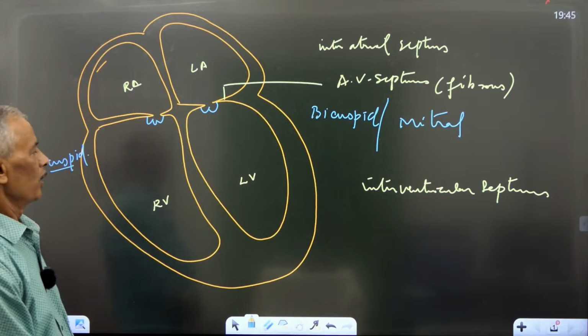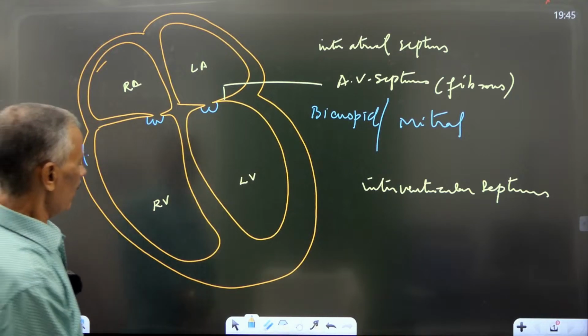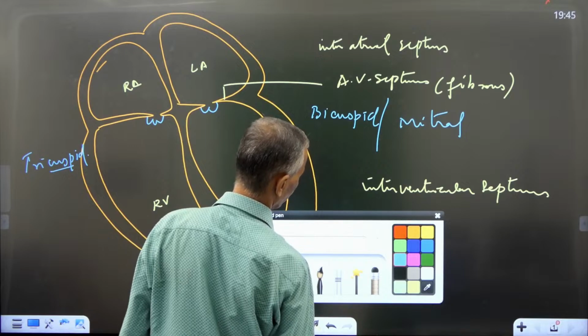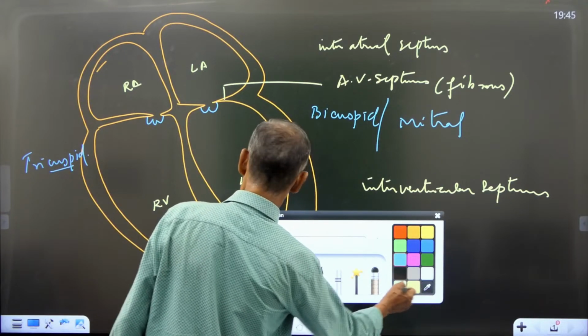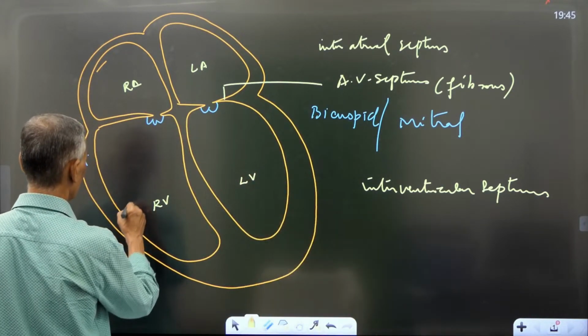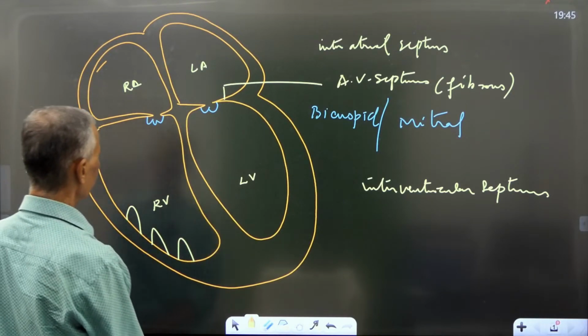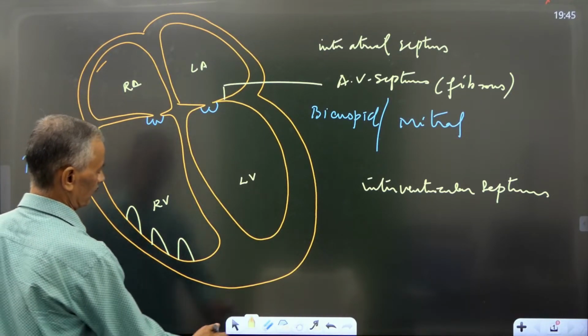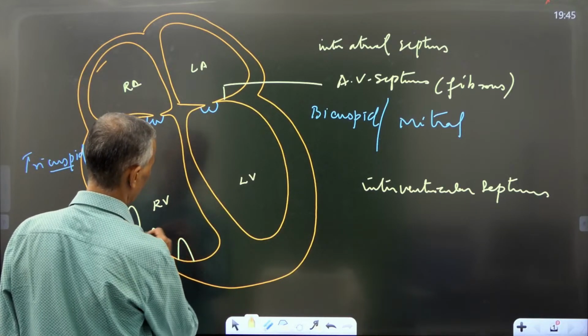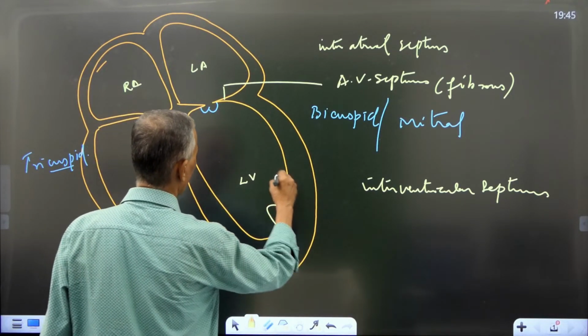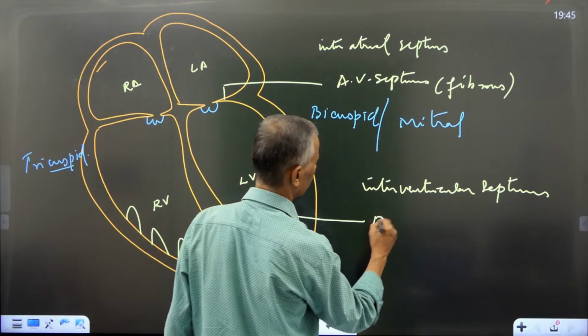Okay. Now these valves are connected to some special muscles located on the walls of the ventricle. There are some special muscles on the walls of the ventricles which are all conical structures. They are called papillary muscles.